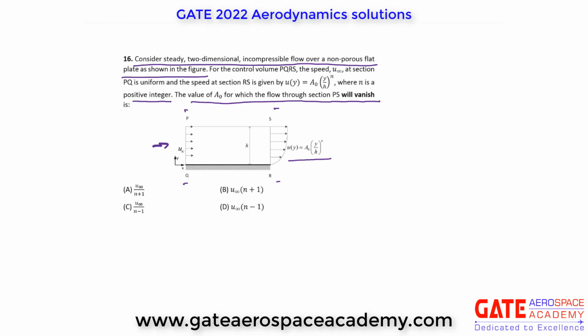It means the mass flow through PS should be 0. Whatever is coming from this side has to go out from this side. Correct? It means the mass flow rate entering from this side is equal to the exit from this side. What is the mass flow rate entering from the left side at section PQ?